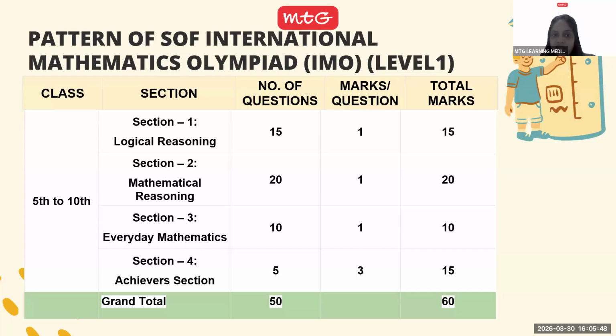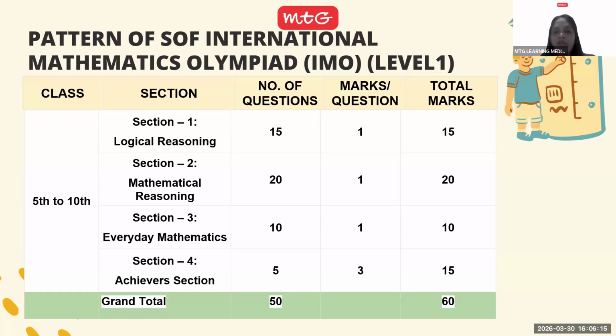Now coming to section 2, mathematical reasoning. The number of questions for mathematical reasoning is 20. Compared to logical reasoning, mathematical reasoning has more questions, if you observe. Each question again carries 1 mark, so the total is 20 marks.